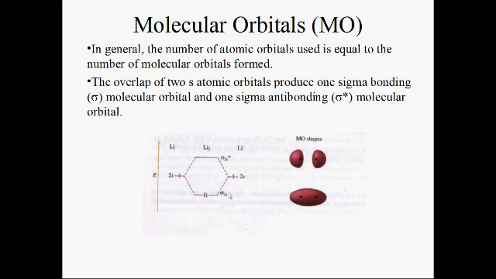What we're going to do is for our sigma bonds, not our pi bonds, so we're going to have two types of bonds, sigma or pi. Sigma is when the electron density is on the bond axis, and pi is when it is above and below the bond axis. So this is a sigma bond, so we're going to label this sigma.